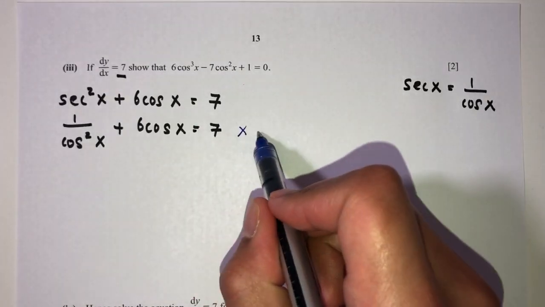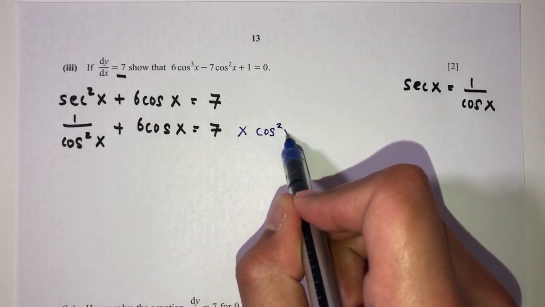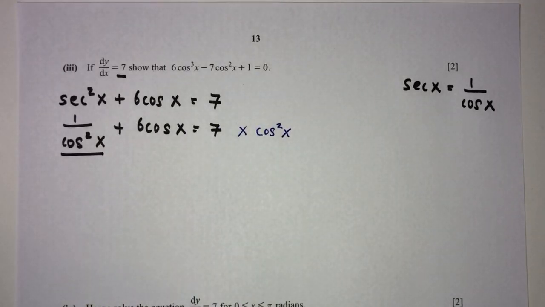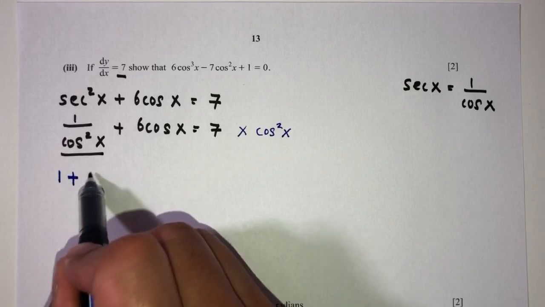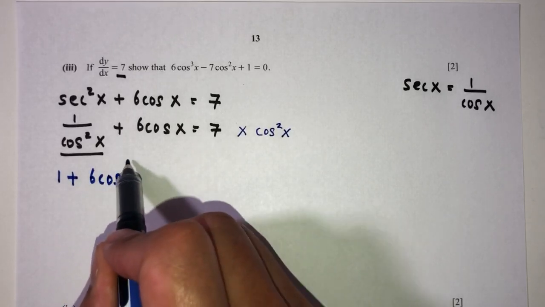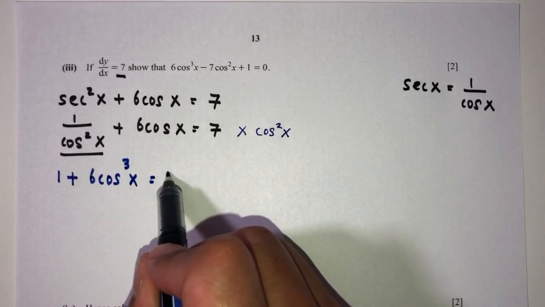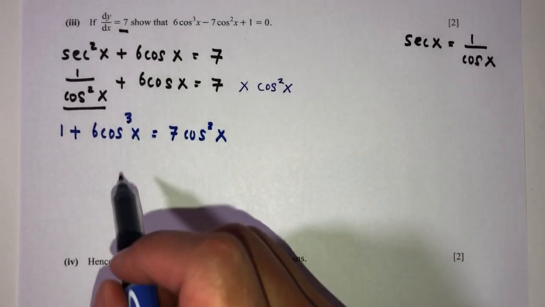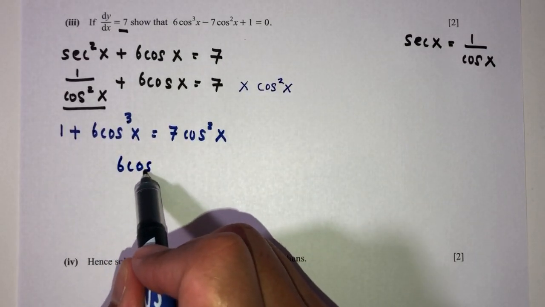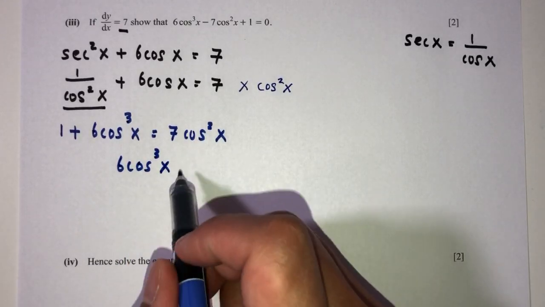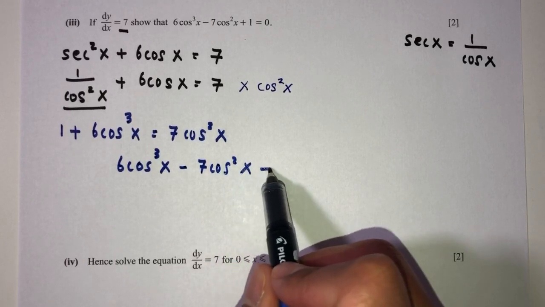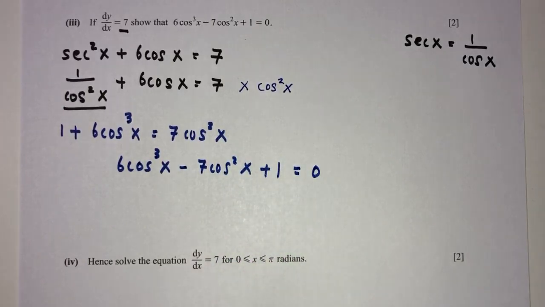Now multiply everywhere by cos square x, because you want to eliminate this one, right? So you will have 1 plus 6 cos cube x equal to 7 cos square x. Simplify, you will have 6 cos cube x minus 7 cos square x plus 1 is equal to 0.